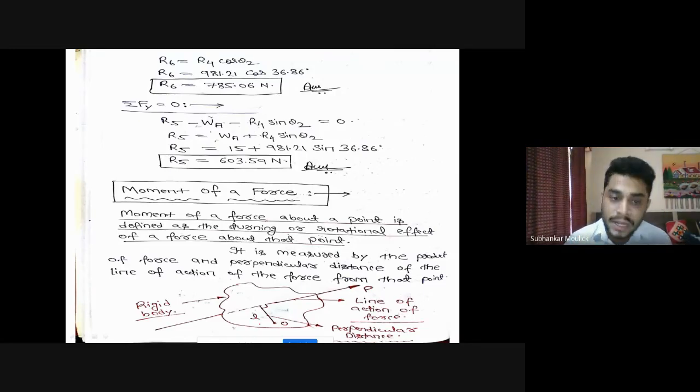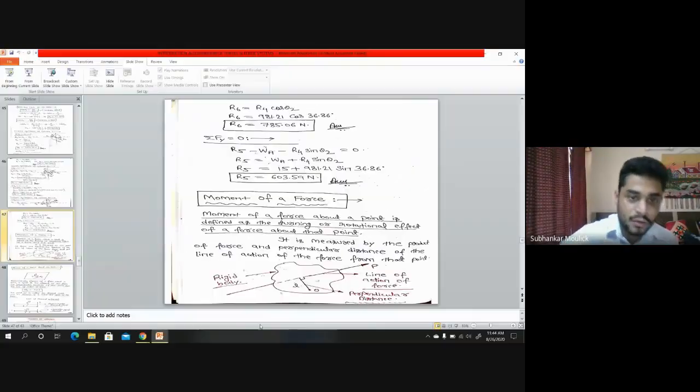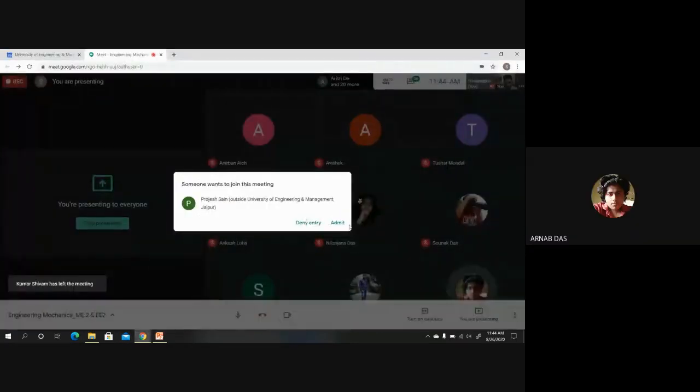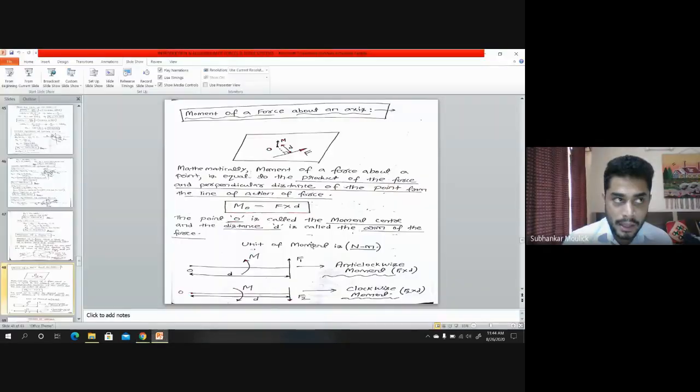So now can you tell me whether moment is a scalar quantity or a vector quantity? Sir, vector, I think. Moment is a vector quantity. How can you say that moment is a vector quantity? Sir, it has a particular direction of rotation. Okay. What else?